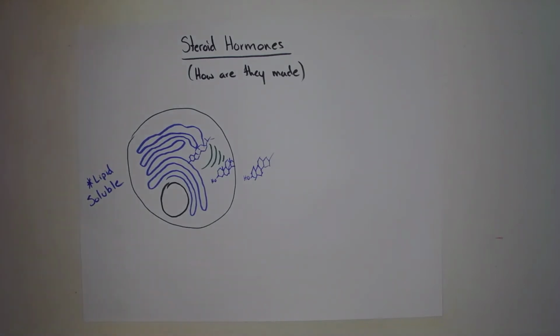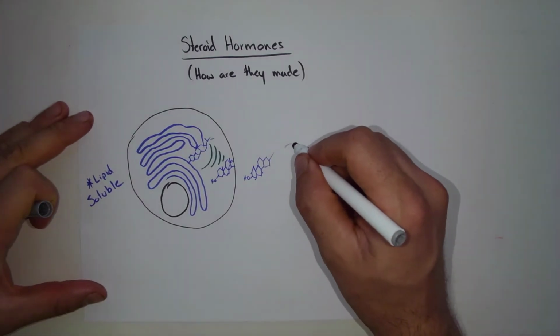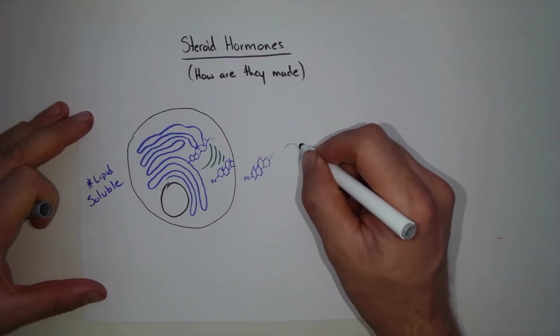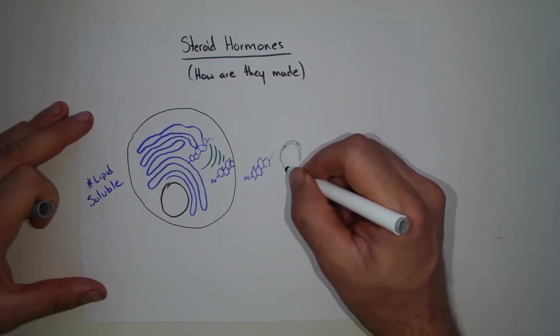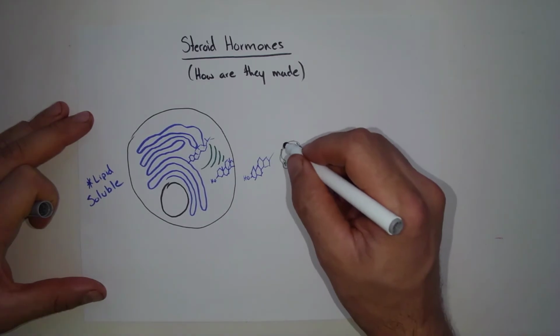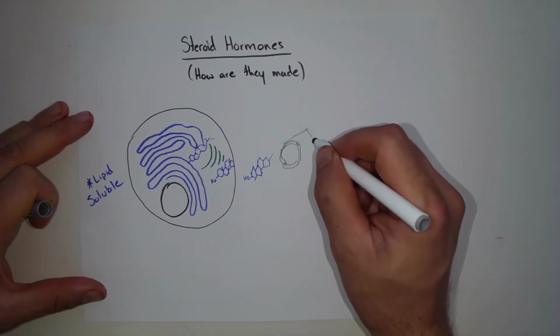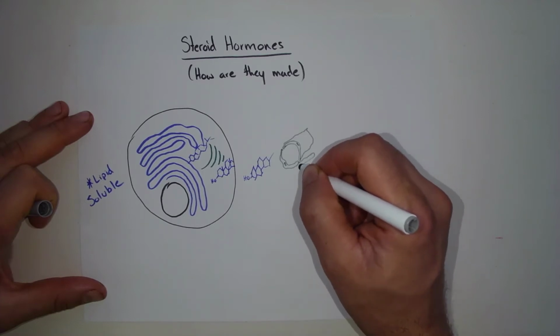Now, in order to make it into the bloodstream, a steroid based hormone is going to need to become soluble in that blood. And in order to do that, get my blood vessel here.